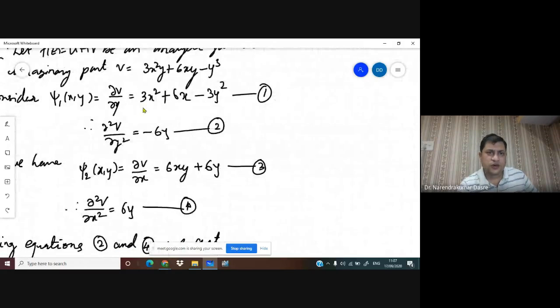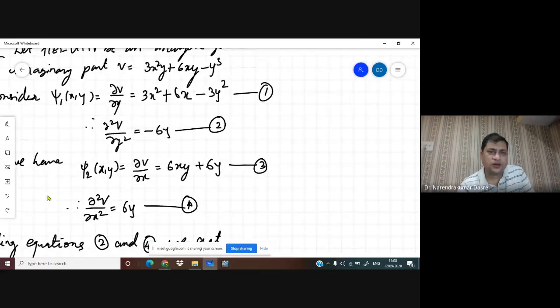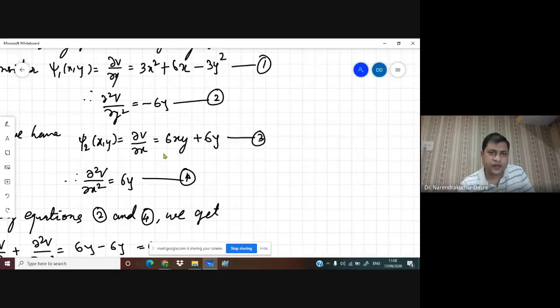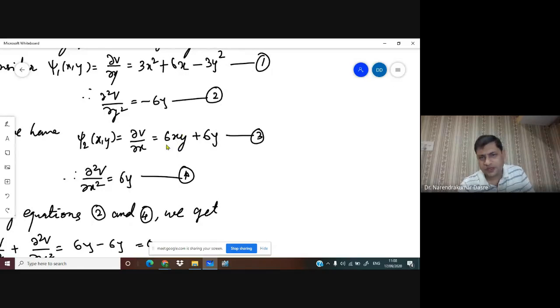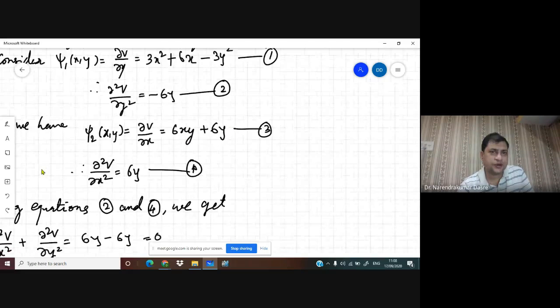Let us put x to be z and y to be 0. Then I'll get 3z² + 6z, and here this term will be 0.